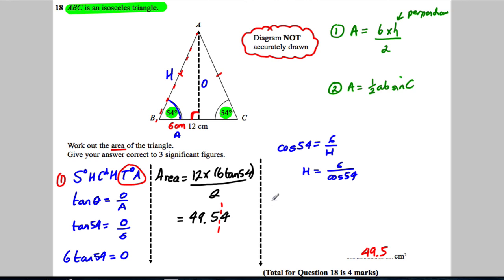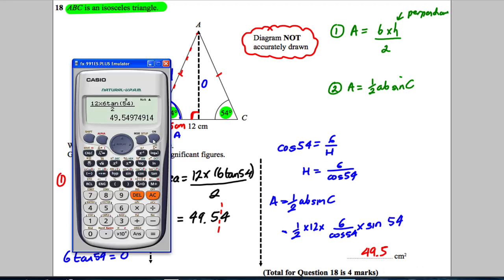Now you could have used the area is a half ab sine C, where a and b are 2 sides you know. So you know this is 12 and you know this is 6 over cos 54. So the area would have been a half multiplied by 12 multiplied by 6 over cos 54 and multiplied by sine of the angle between them, which is 54.